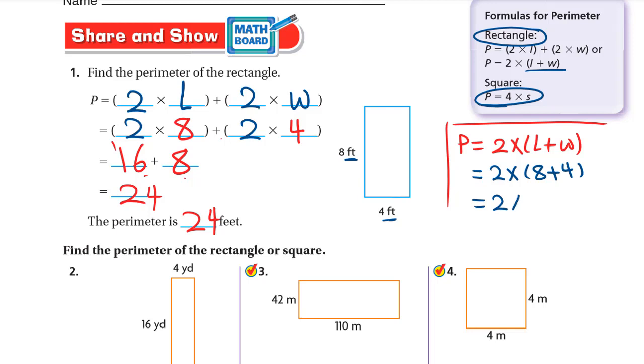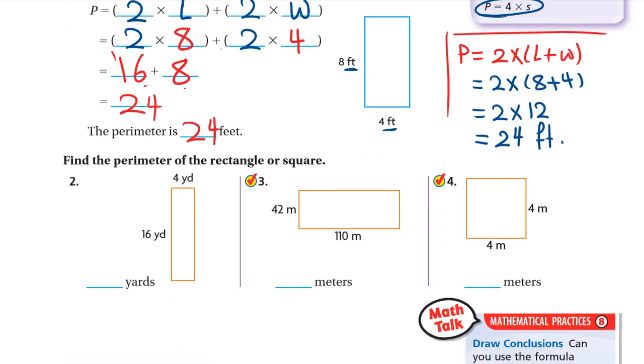I leave the 2 for now. 8 plus 4 is 12. So 2 multiply 12 is 24 feet also. So here you have two formulas you can use. P equal 2 times L plus 2 times W, or P equals 2 times L plus W.